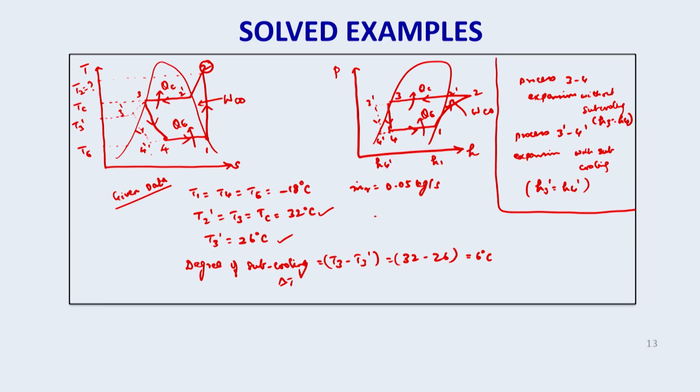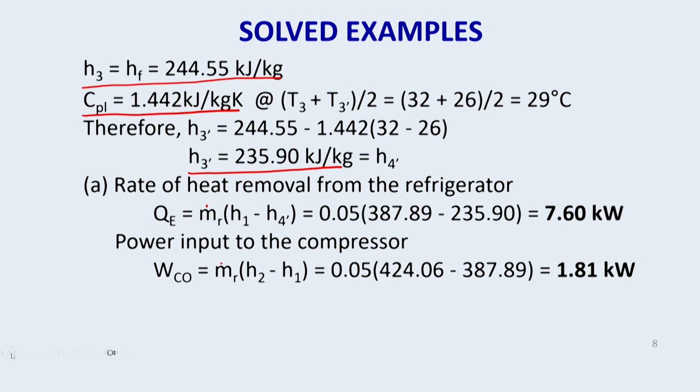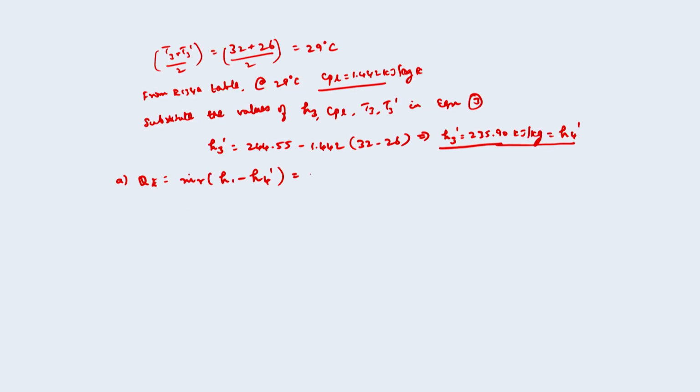So for a problem in which subcooling is involved, the refrigerating effect is not H1 minus H4, it is H1 minus H4 dash. If you calculate, with mass flow rate given as 0.05 kg per second, we get 7.6 kilowatt.